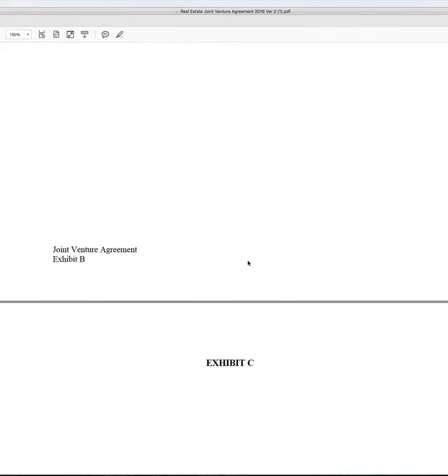So with that, I hope this tutorial has helped you in demystifying this joint venture agreement as far as how you would complete it. There aren't a lot of provisions in here that you have to fill in, but there are enough. More importantly, you need to read this joint venture agreement and understand what it is you're signing.